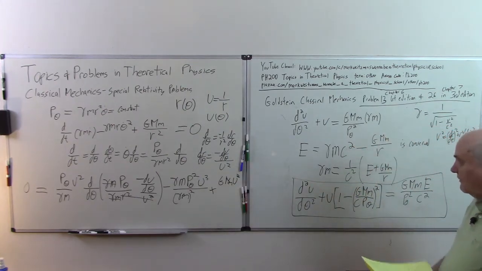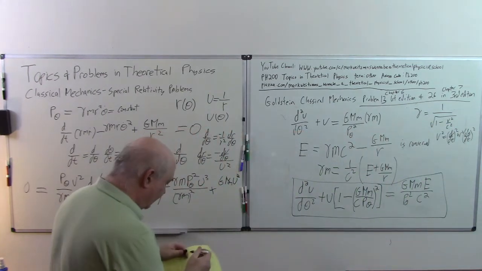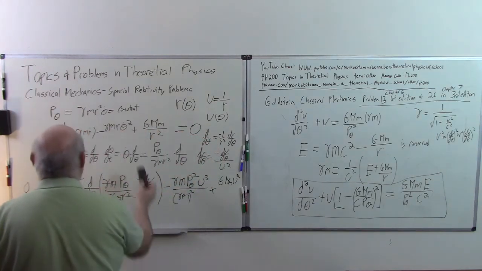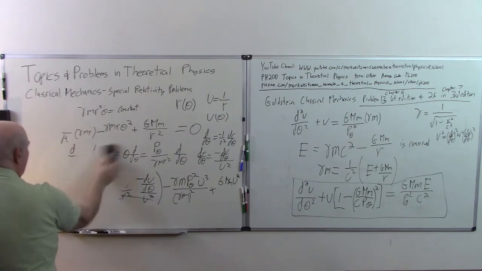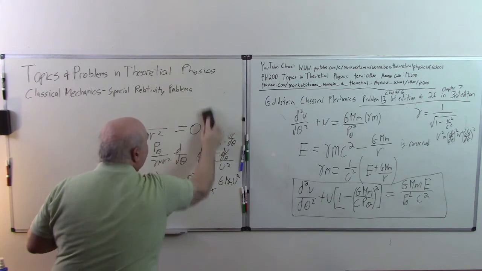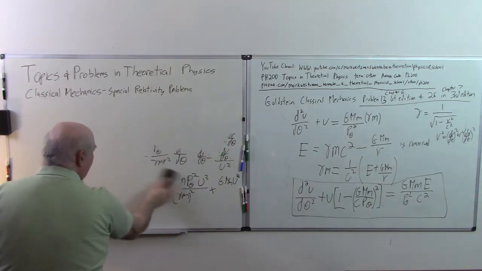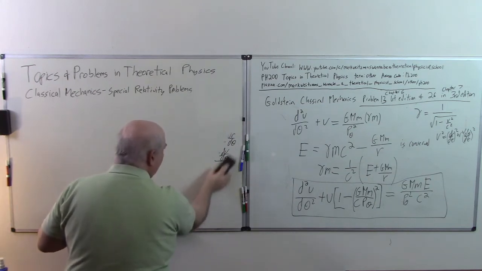Now, when you're a theoretical physicist, the first thing you should do is make sure this equation makes sense. So I want to see if it reduces to the Newtonian orbit equation when velocities are slow or the speed of light is infinity.